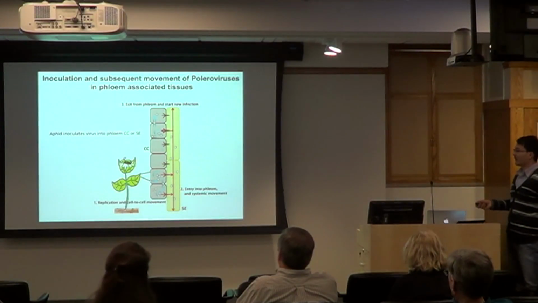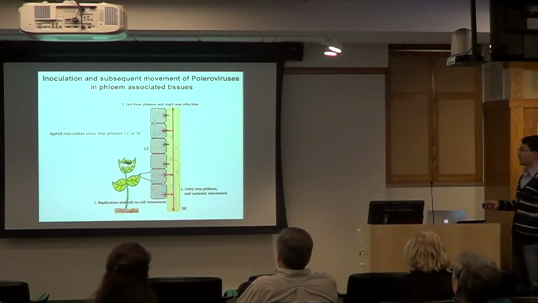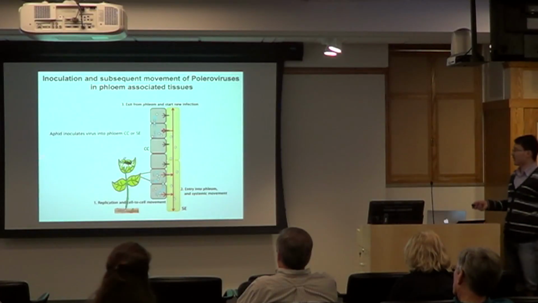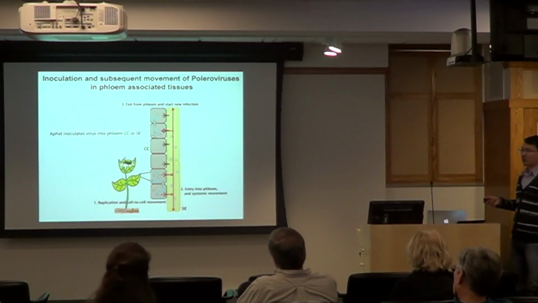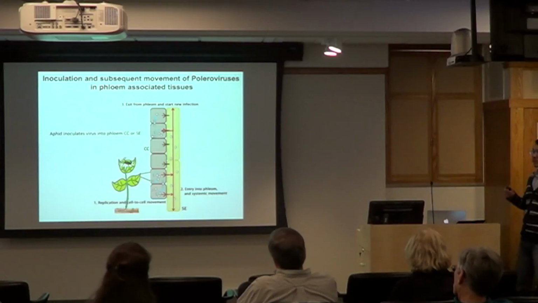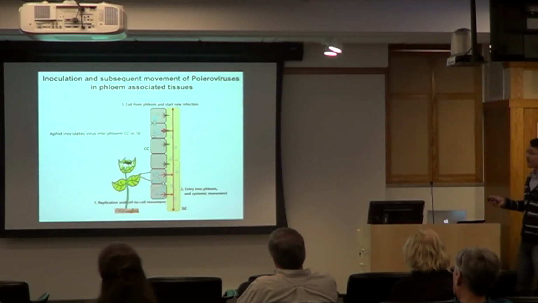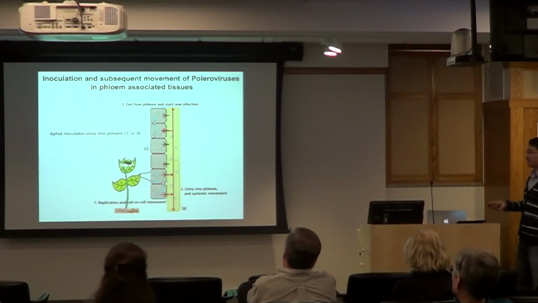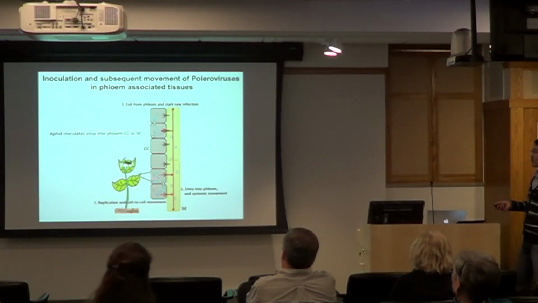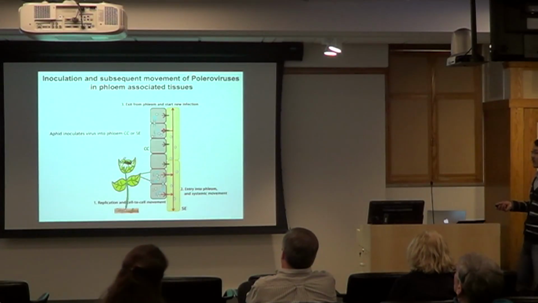So all the phloem-limited viruses, after they are inoculated into the phloem tissues by aphids or some other insect, have to overcome 2 barriers to make sure they can establish successful infection of the entire plant. Firstly, they have to replicate in the inoculation site.